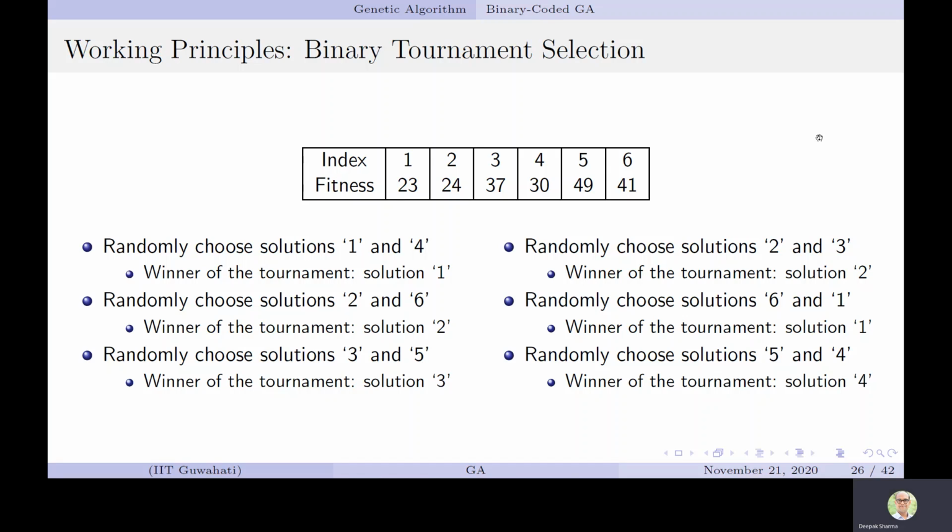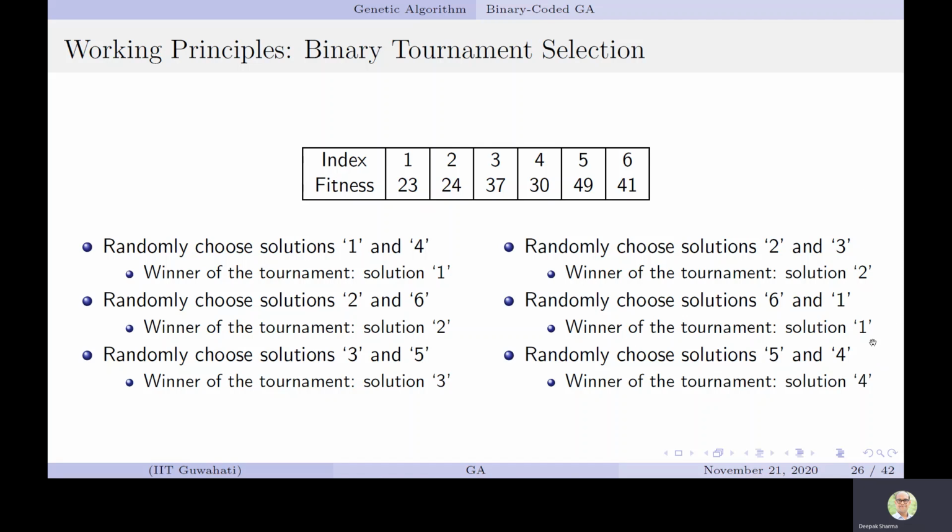There are certain interesting properties of tournament selection. If we look into the table, the best fitness is of solution 1, so 1 is the best solution. In tournament 1, solution 1 is the winner.